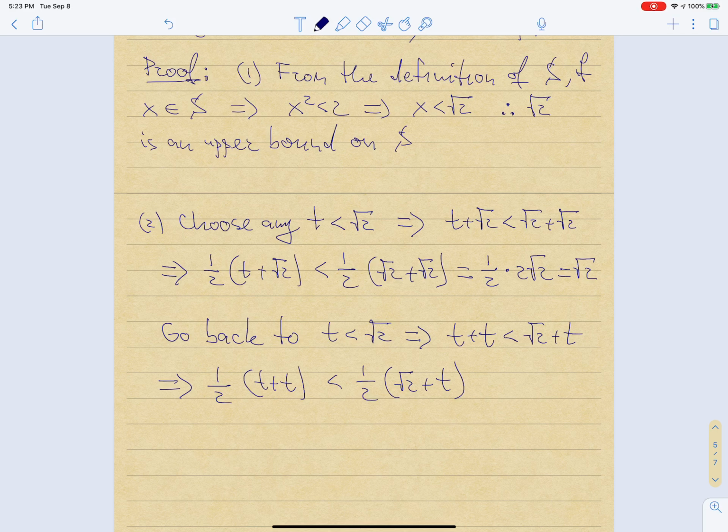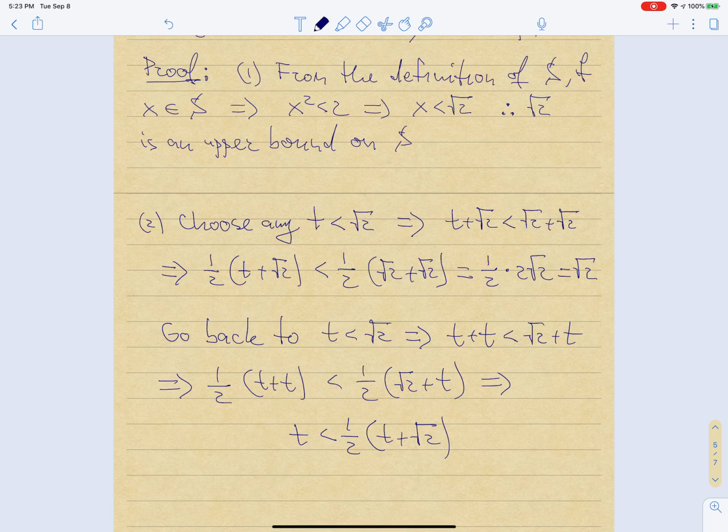And this I can simplify again by using the commutative law. I can interchange square root of 2 and t, and t plus t is 2t, so divided by 2. This will give me t is less than 1/2 t plus square root of 2.